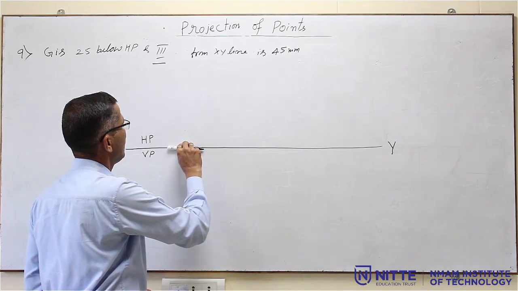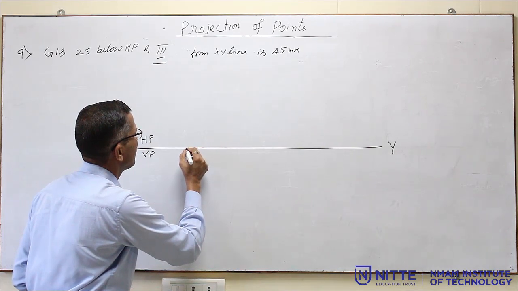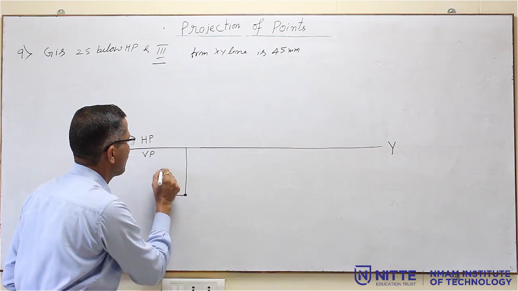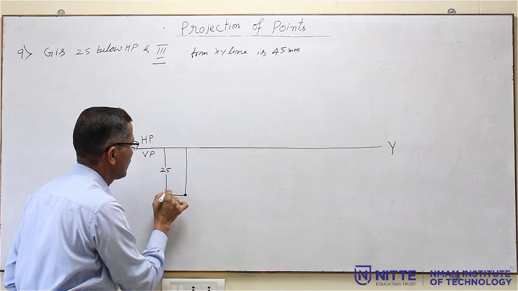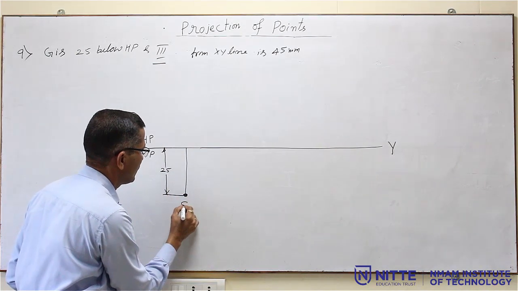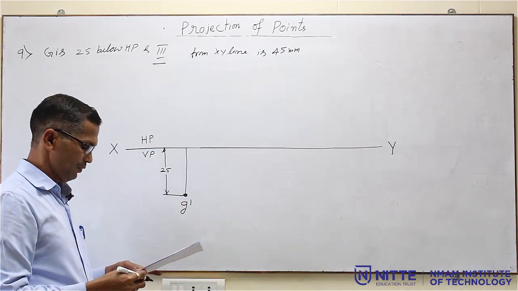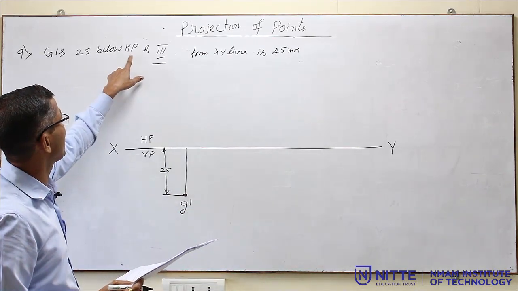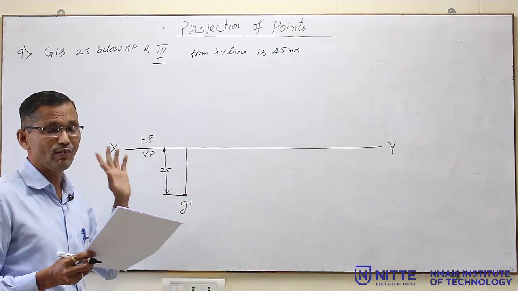So, from here you measure a distance of 25 mm somewhere here, measure a distance of 25 and mark the point and call this as G dash. Call this as G dash, that is the front view, because this is the HP distance. HP distance is visible in VP. Always in VP we have the front view.